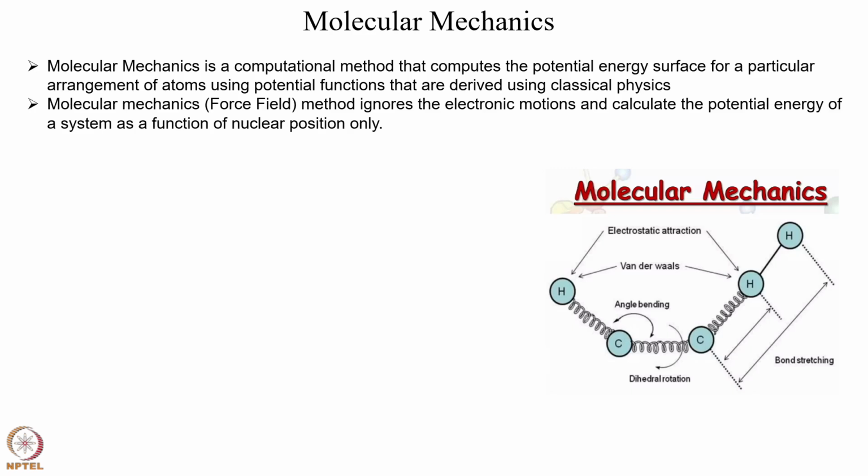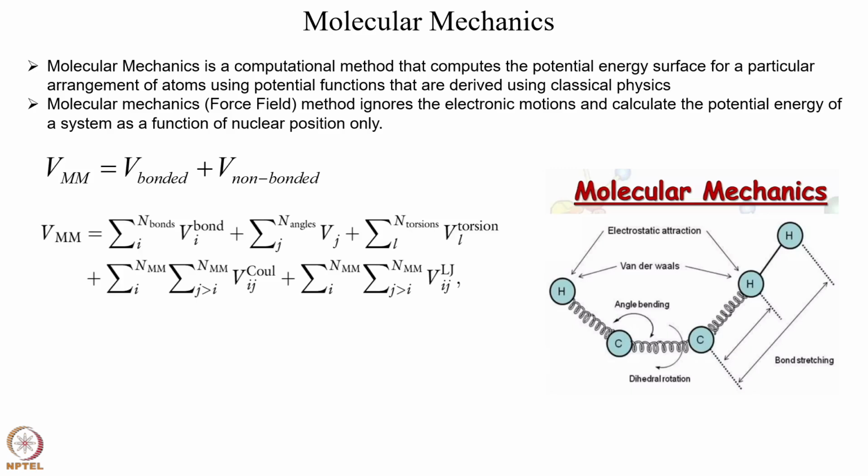Molecular mechanics ignores the electronic structure and calculates the potential energy of a system as a function of nuclear positions only, and the potential can be separated into a bonded and a non-bonded part, where the bonded part will have, of course, the bonds, the angles and the torsions, and the non-bonded part is the second line, where you have the Coulomb kind of interaction between the atoms, and there is a Lennard-Jones potential. Remember, Coulomb interaction is a classical interaction, although it has charge involved, it is actually classical.